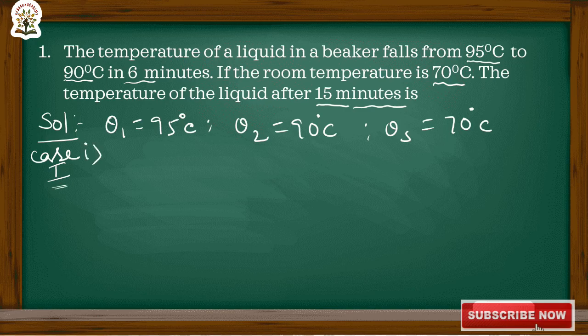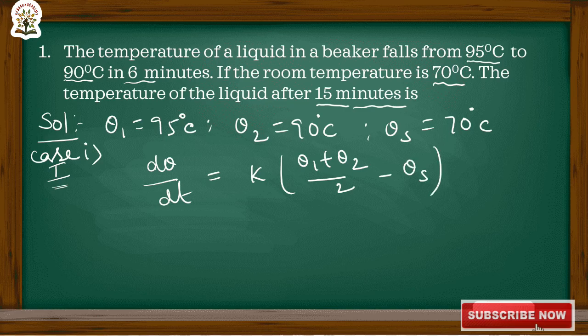From Newton's law of cooling, d theta by dt is equal to k of (theta 1 plus theta 2) by 2 minus theta s, the temperature of the surroundings. Here the given room temperature is 70 degrees centigrade.